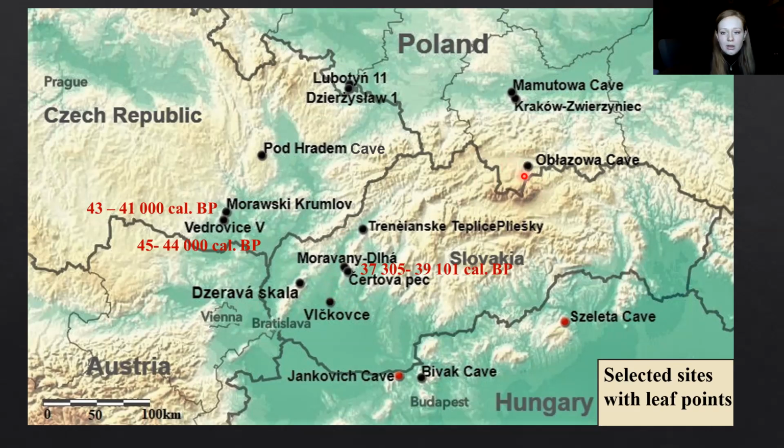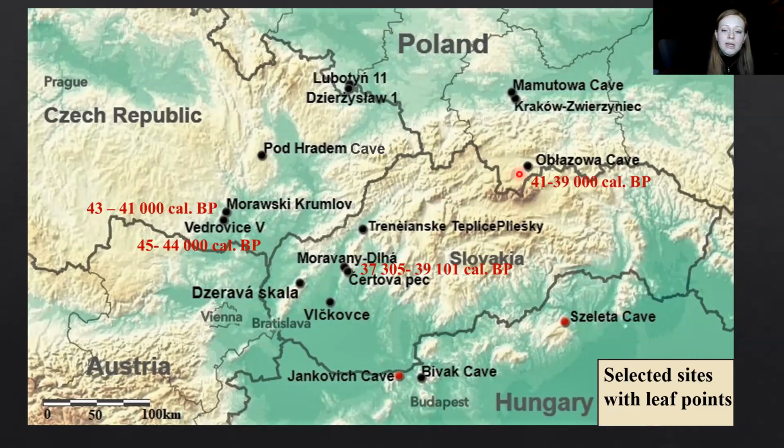Obłazowa cave, located here, is not similar to the sites with leaf points in Poland. I say sites with leaf points because sometimes the association with the Szeletian is in question, so it's much safer and simpler for now to just say sites with leaf points. So Obłazowa cave shows similarities to the sites in Slovakia, like Trenčianske Teplice, Plešivec, Moravany-Lopata, or Bojnice. And the dates from Obłazowa cave are similar and also match the dates from Moravany-Lopata.